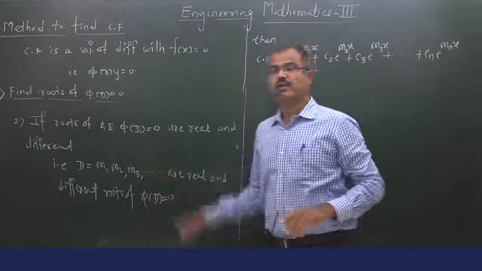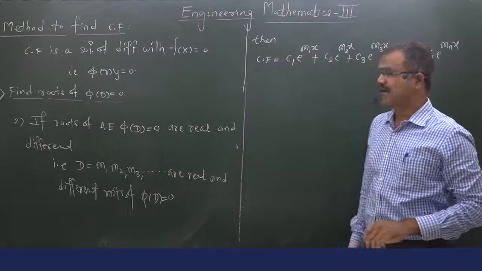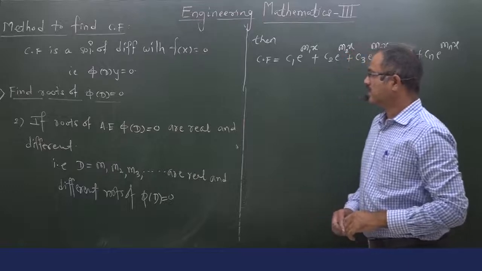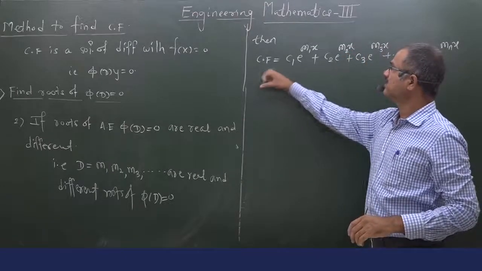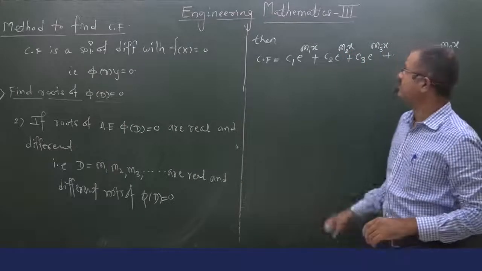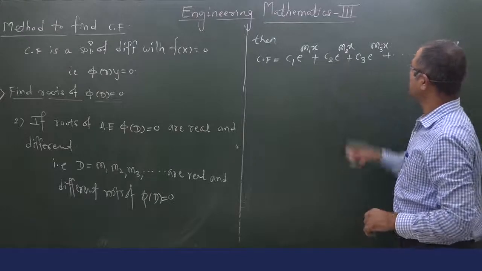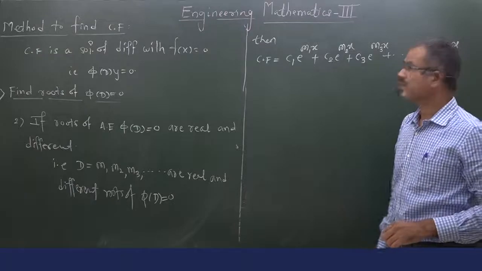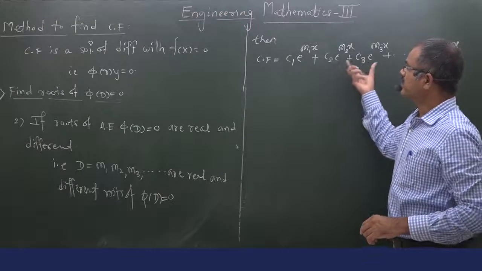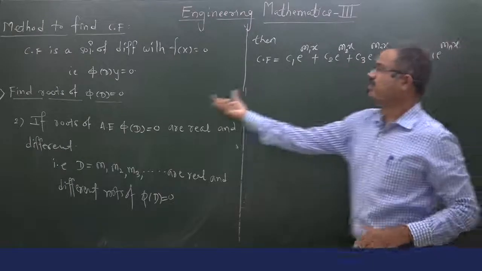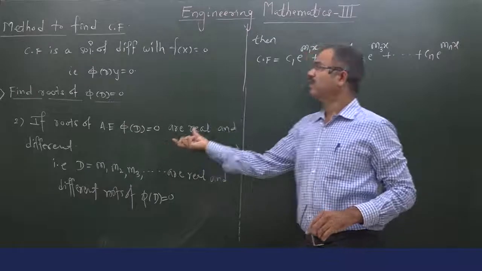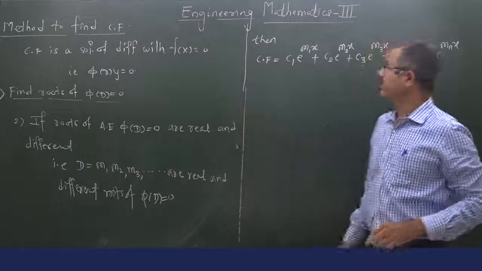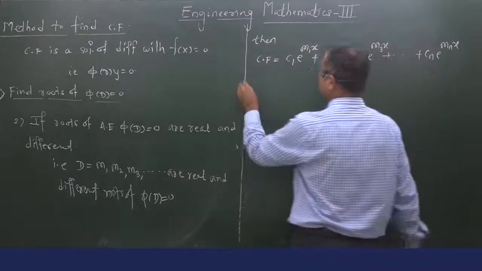The first case is what? If m1, m2, m3 are real and different roots, then the complementary function is c1 e raised to m1x plus c2 e raised to m2x plus c3 e raised to m3x and so on, which is the solution of the differential equation phi of D y equal to 0, or also the complementary function of the differential equation phi of D y equal to 0.